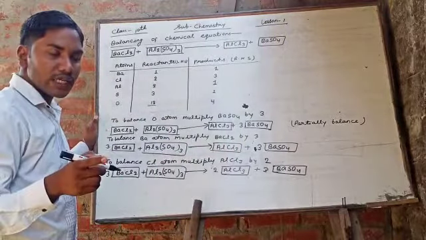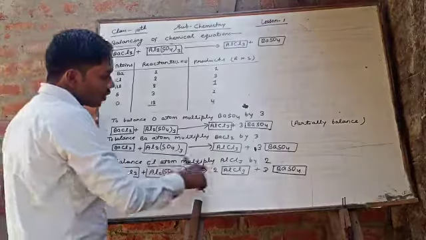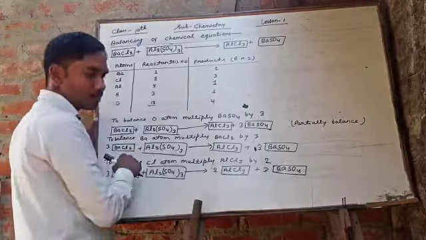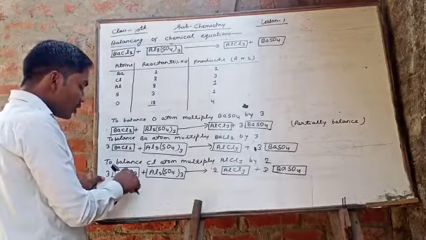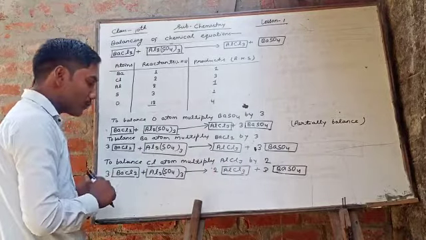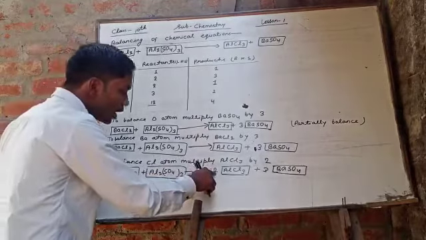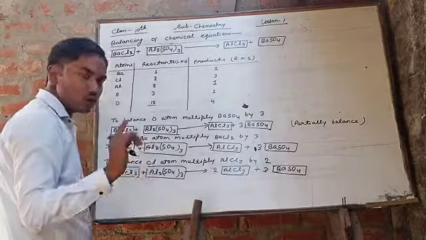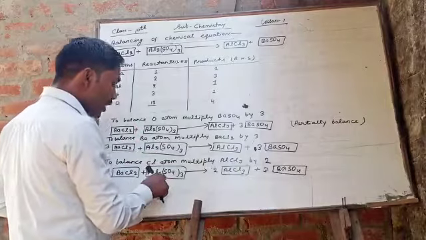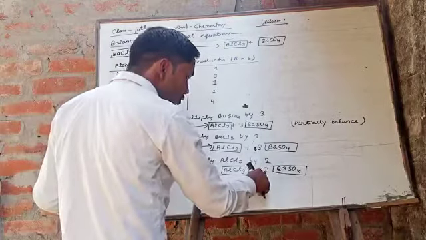Now we will check. Here 3 barium, here also 3 barium. 3 2s are 6 chlorine, here also 3 2s are 6 chlorine. Here Al2 means 2 aluminium, here also 2 Al. Sulfur here is 3, here sulfur is also 3.